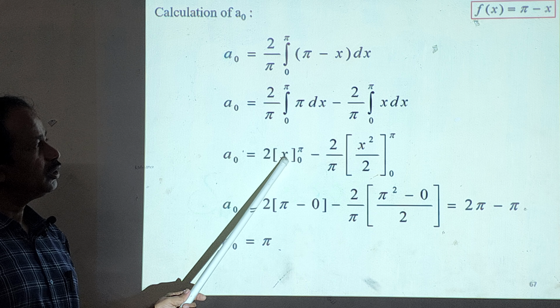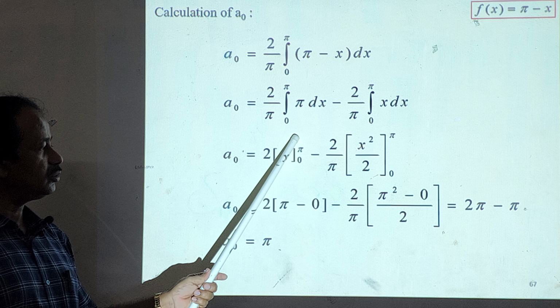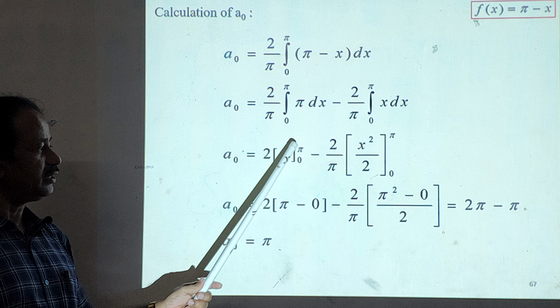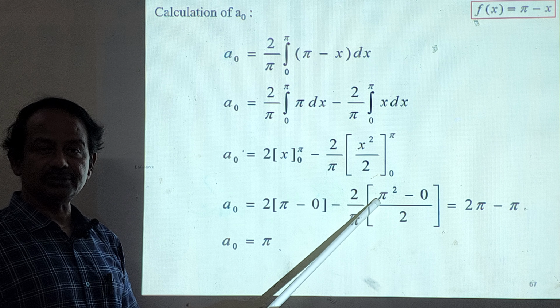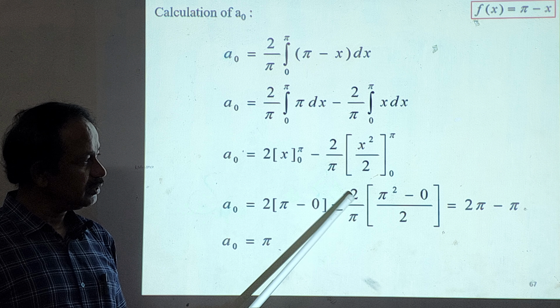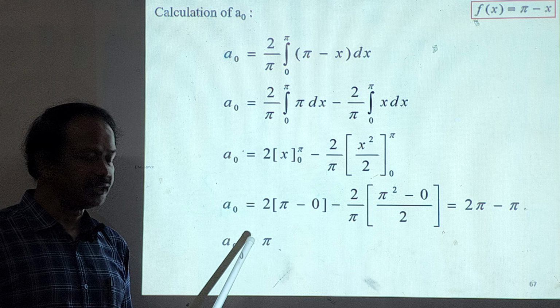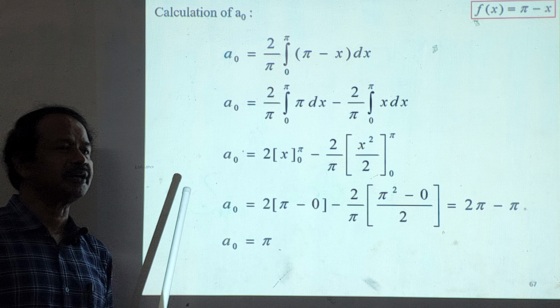So we have 2, integration of dx gives x from 0 to pi, that gives 2 pi. And here integration gives x squared by 2. Substituting the upper limit gives pi squared by 2. So 1 pi and 1 pi will get cancelled, and this 2 will get cancelled. We have pi. So 2 pi minus pi gives pi. So a0 equal to pi.